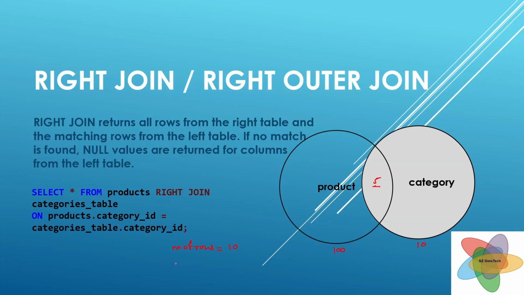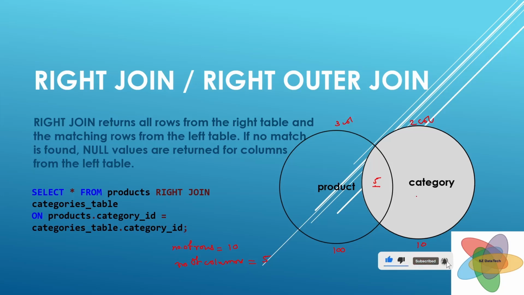So again, the number of columns: since here we have 3 columns and here we have 2 columns, we will get 5 columns. For 5 rows we are getting category ID matching in both tables.